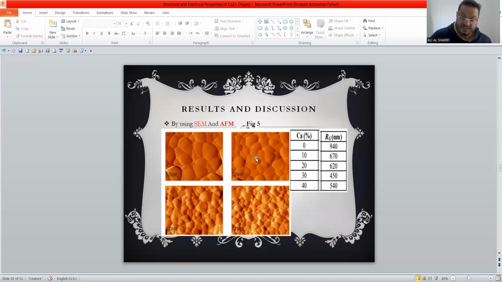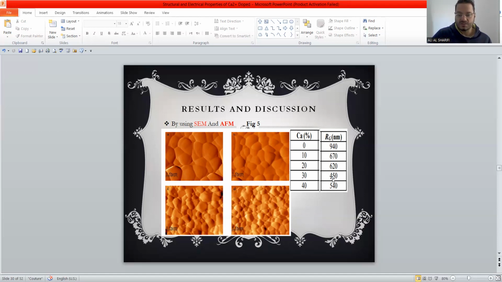After that, it decreases a little bit to be 640 at 100%, and like that until the last one will be the lowest number, equal to 450 nanometer. I'm talking about the grain size with 30 with 100%. I'm talking about doping concentration.